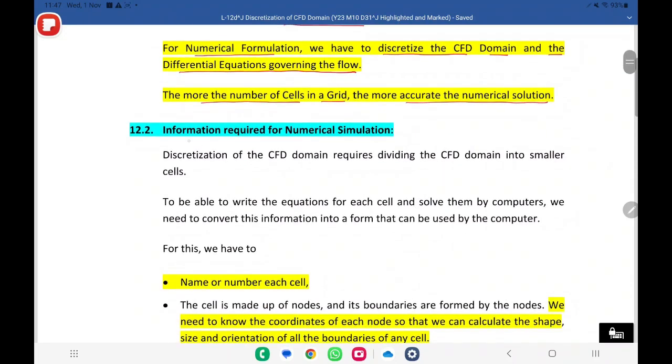Now what is the information required for numerical solution? First is discretization of the domain, which requires dividing the CFD domain into smaller cells.